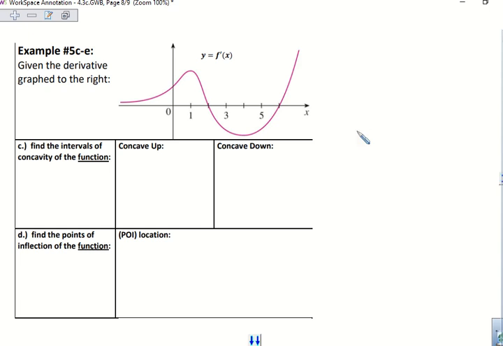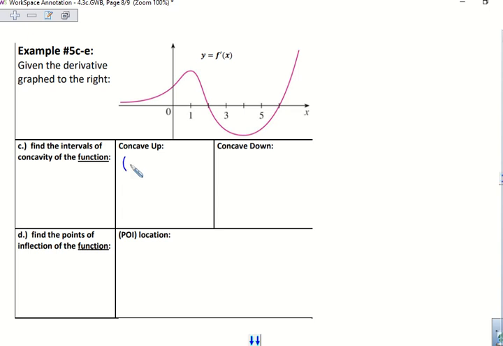Now it says to identify concavity. How does concavity relate to the first derivative? It's when it changes from increasing in y value to decreasing in y value. Exactly, concavity is based around the slope of the first derivative. Everywhere the slope of this is positive, it's concave up.